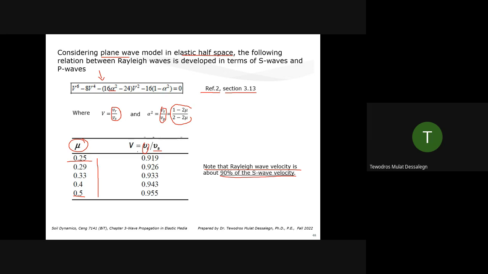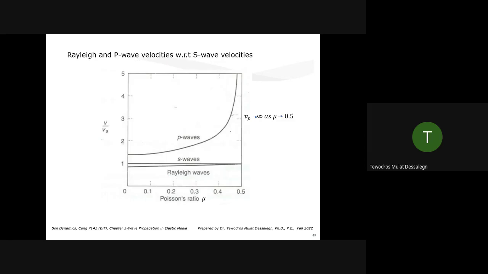That's why earlier we said Rayleigh waves are slower than shear waves, but they are about 90%. You can see it in this chart. Last time we saw this for P wave and S wave. V by Vs: if we keep Vs constant, this V can be Vp, the primary wave, in this chart, or it can be the Rayleigh wave, in this chart.